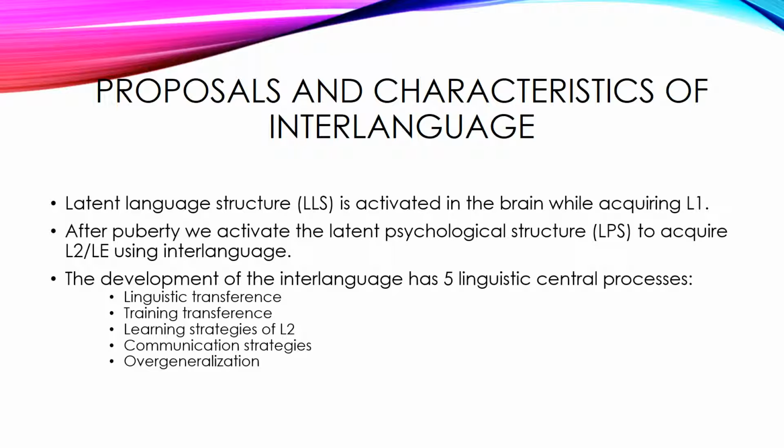The learning strategies of L2 are used when the characteristics of the interlanguage are the result of the resources or cognitive processes used by learners in order to learn an L2. Communication strategies happen when the learner tries to compensate for his limited linguistic competence when communicating. And finally, overgeneralization, when the characteristics of interlanguage come from the overgeneralization of rules applied in an L2 context.